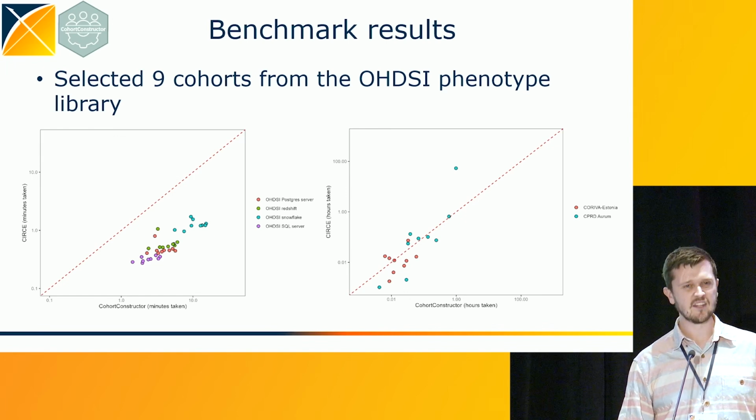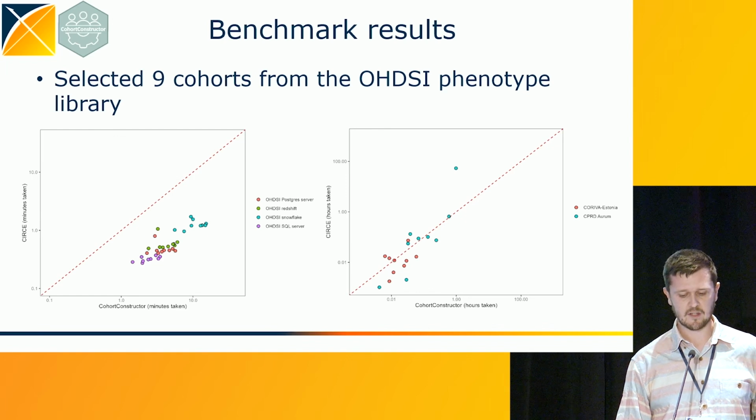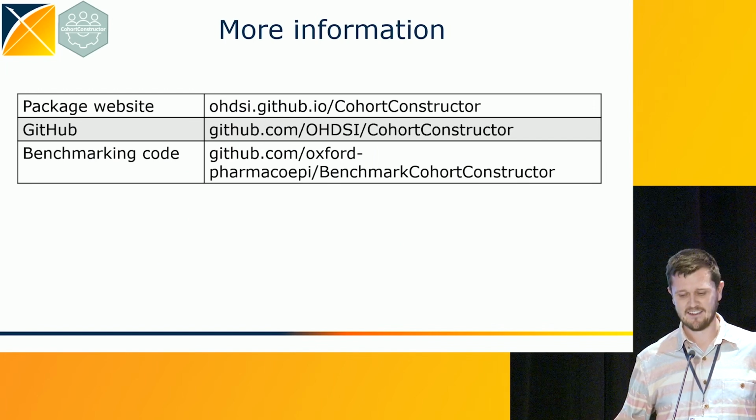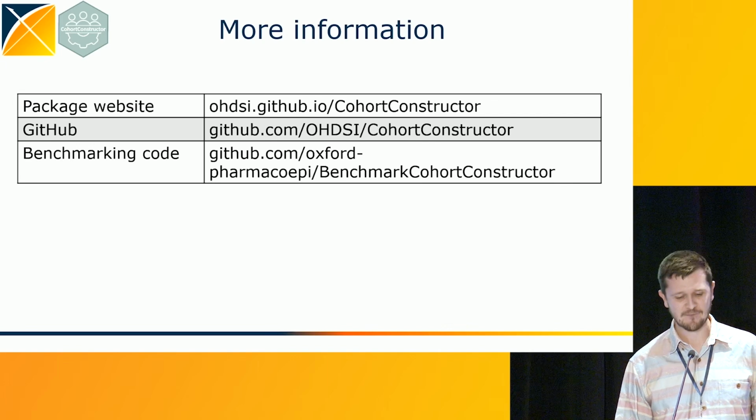In general, making a single cohort takes about the same amount of time, except for one of the cohorts, which we found was taking nearly 100 hours to make using current tools, and with CohortConstructor it was done in an hour. So that's it. I've tried to sell it with that last example. I'm sure others could be found.